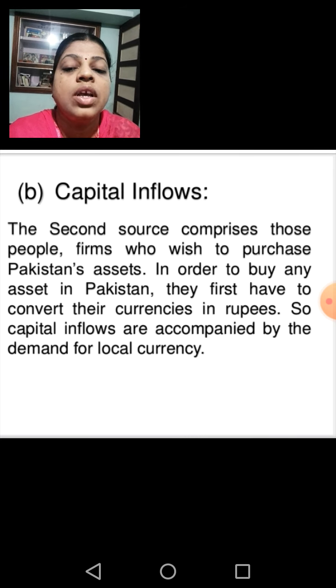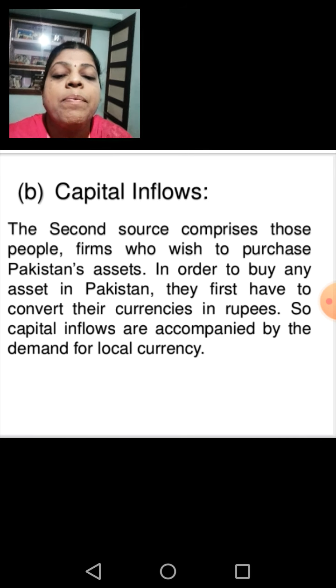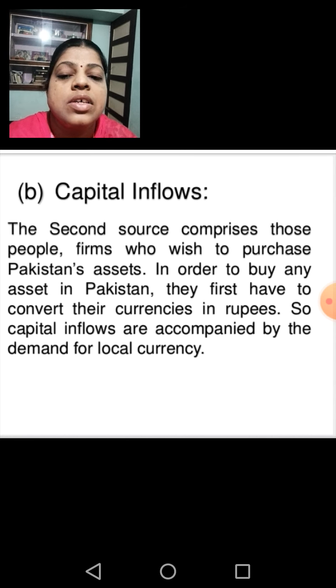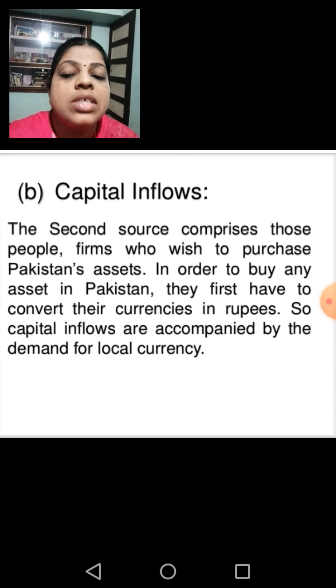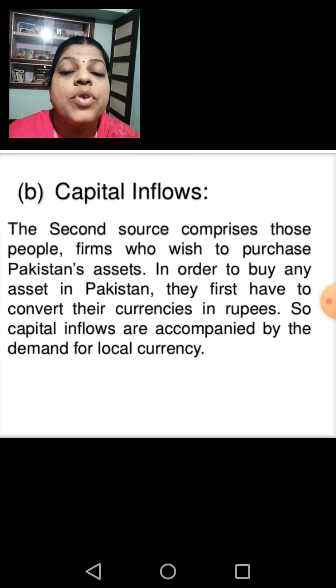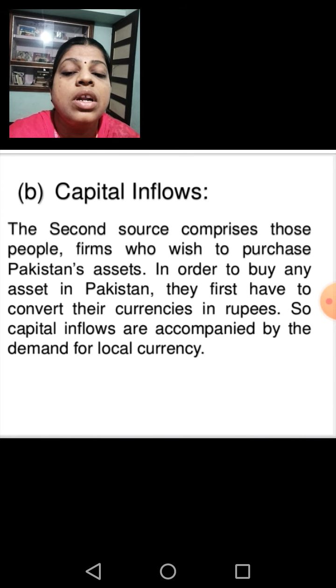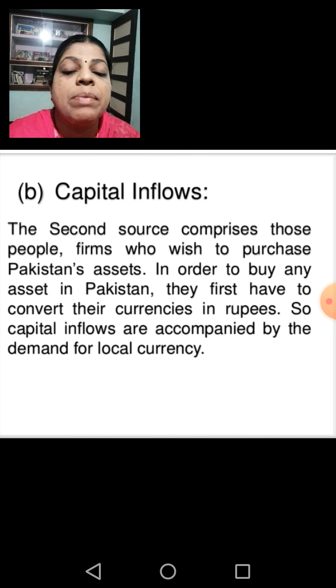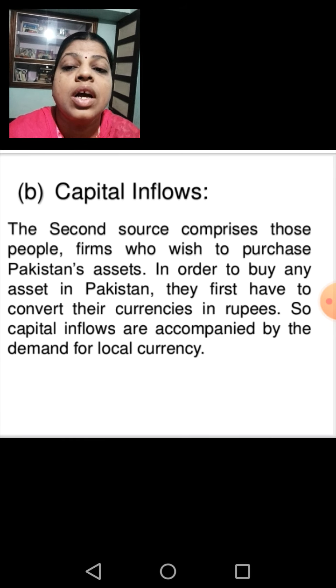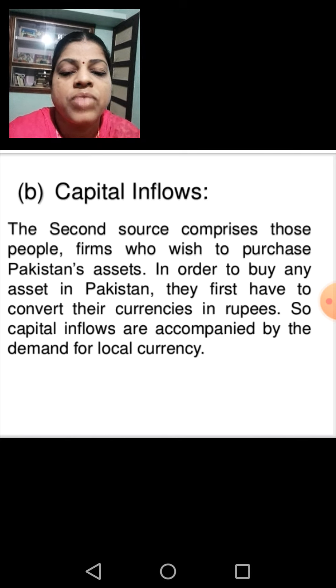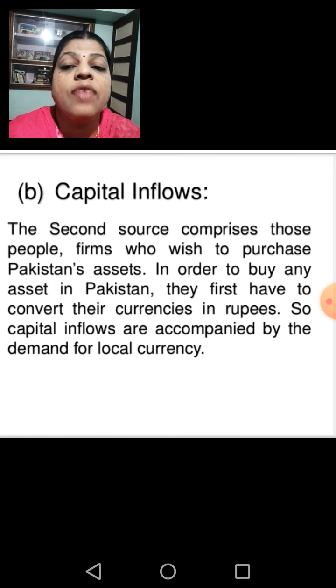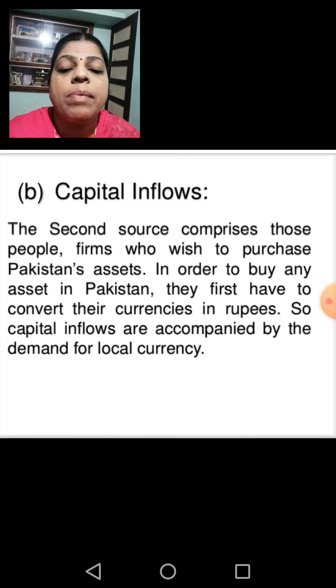So children, capital inflows means, if you want to purchase some assets, isn't it? Yes, from Pakistan, first what do they have to do? They have to convert their currencies into rupees. So capital inflows are accompanied by the demand for the local currencies. So this is the second factor of the demand side.